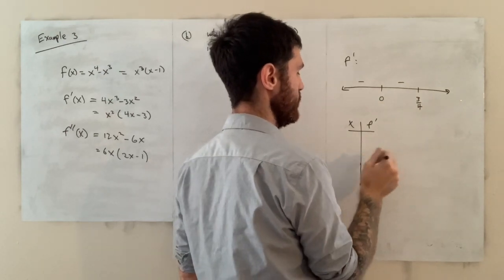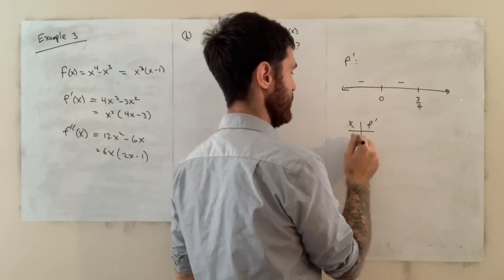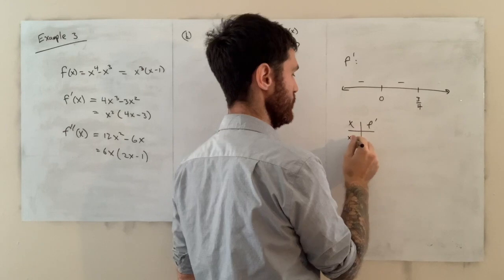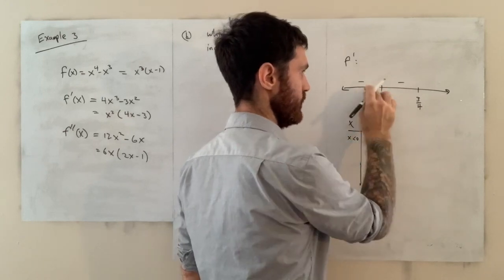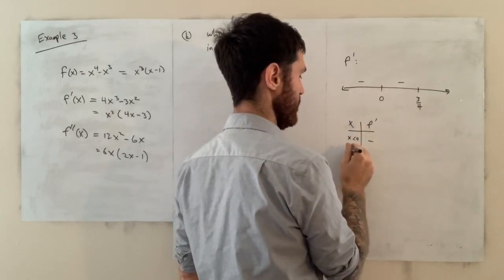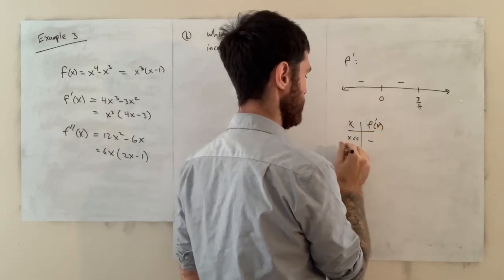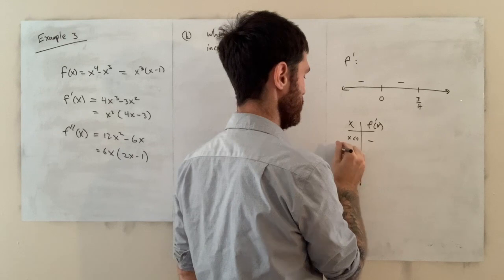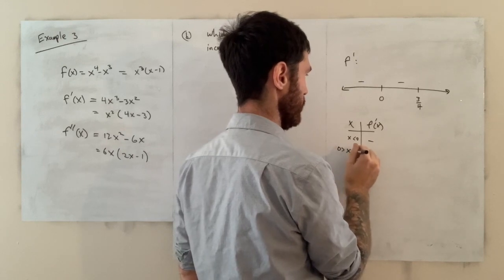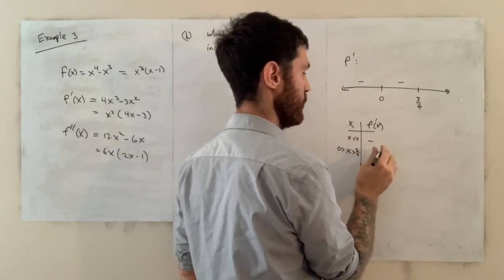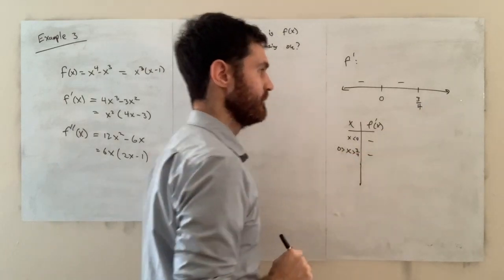So we know that if we go x to the left of 0, you're going to get negative. If we go x to the right of 0, but also before 3/4, you're also going to get negative.